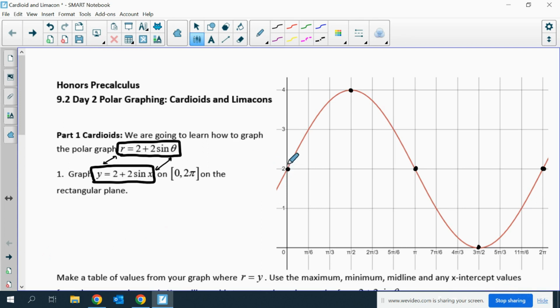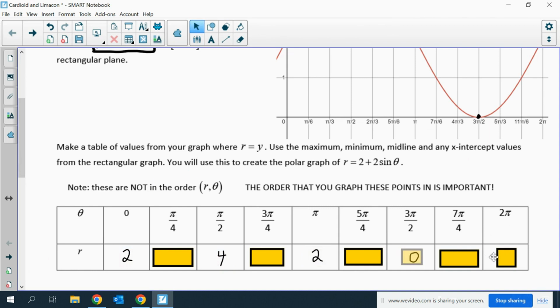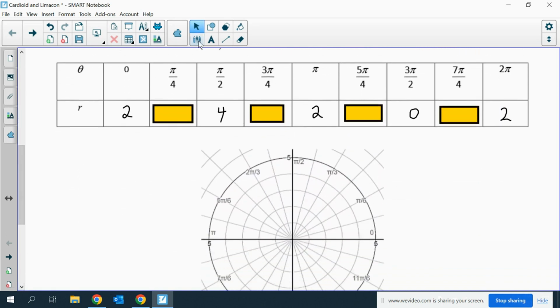And then if we take a look at these 5 major points, we can map them so that (r, theta) is where r equals y and theta is equal to x. And so what we can do is plot these points on this polar axis.